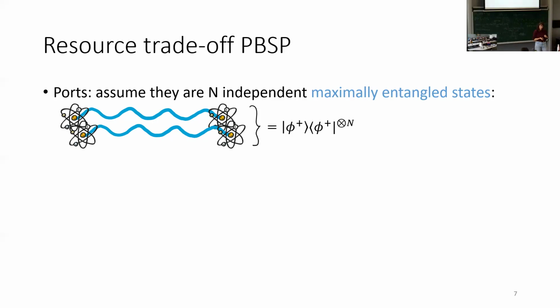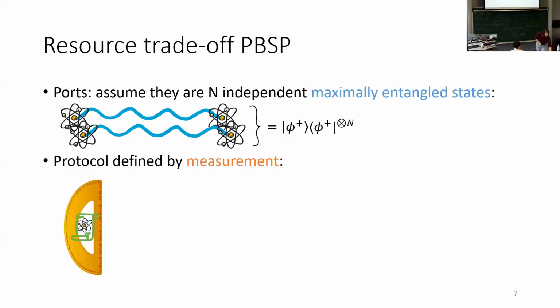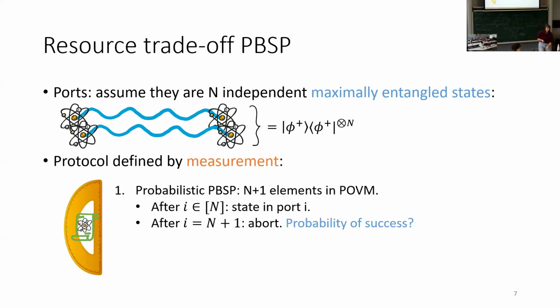We can distinguish two types of protocols. We can describe probabilistic protocols where we have n+1 elements in the POVM. The first n elements will just tell Bob open port i, and the n+1 will abort the protocol.